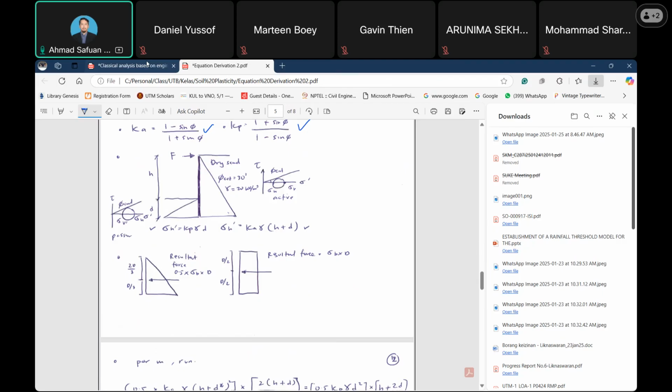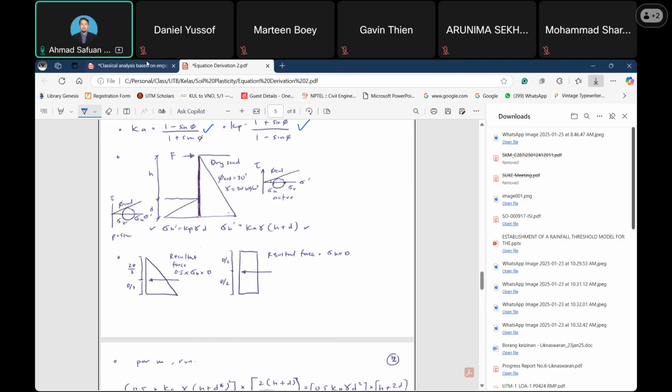Okay, so for the purpose of taking moments, this is the discussion on the moment. The resultant force acts through the center of pressure, which is at the geometric centroid of the shape defining the stress distribution.